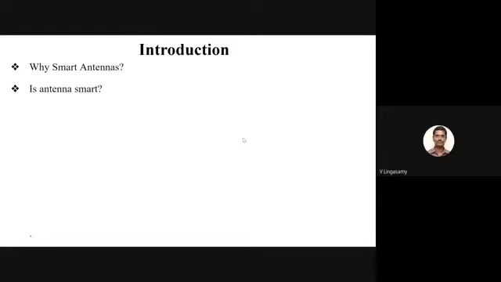Whatever you feed in at the RF antenna port, it will just act accordingly. Whatever weights or inputs we give, it will activate depending upon the input. And there are some mechanisms. For example, mechanical tilting systems were there in the 2G system.